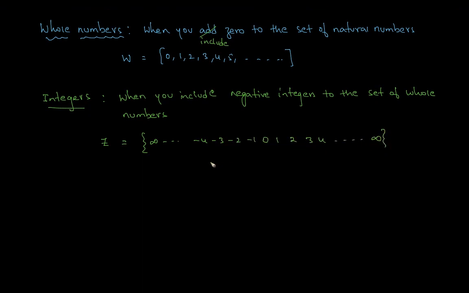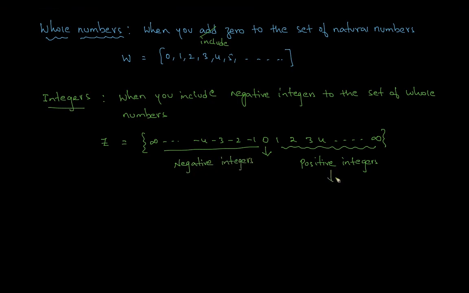This set of numbers is called the integers. These on the left-hand side are called the negative integers, in the middle you have 0, and on the right-hand side you have the natural numbers, which are called the positive integers also. So integers are a combination of negative integers, 0, and positive integers.